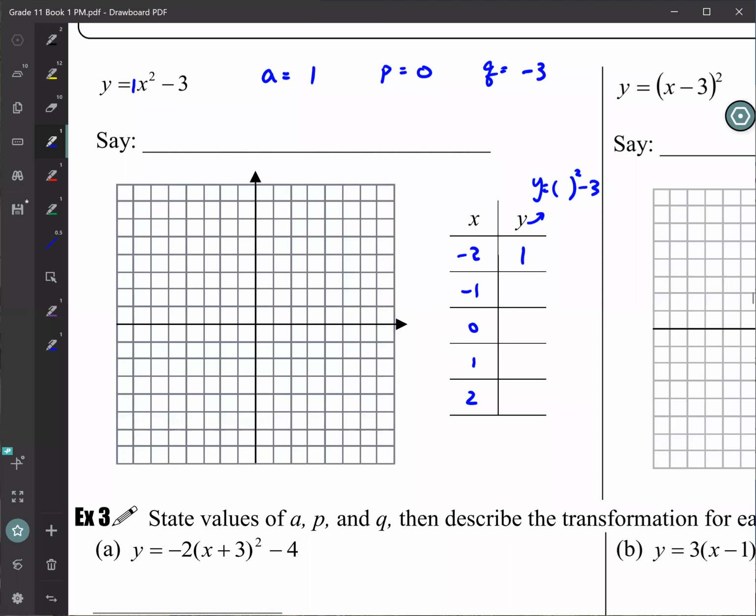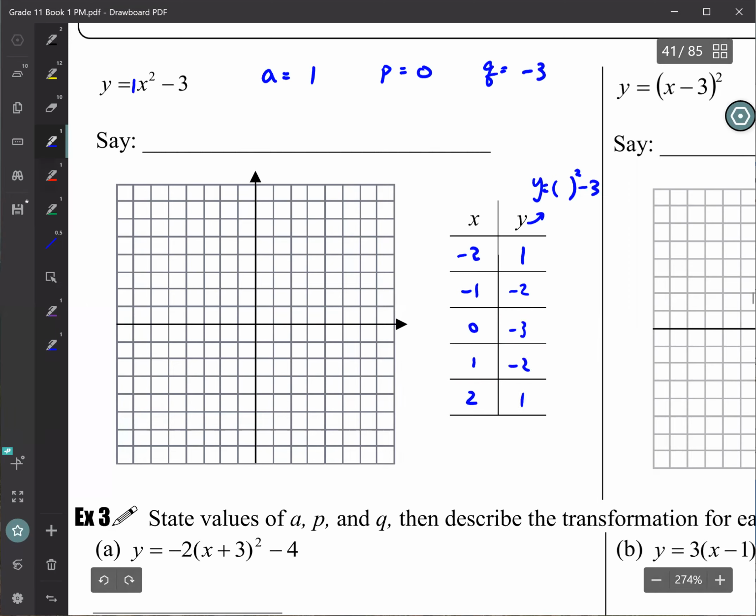Angela, can I have your y values? I thought 1, -2, -3, -2, and 1. Thank you, looks good.